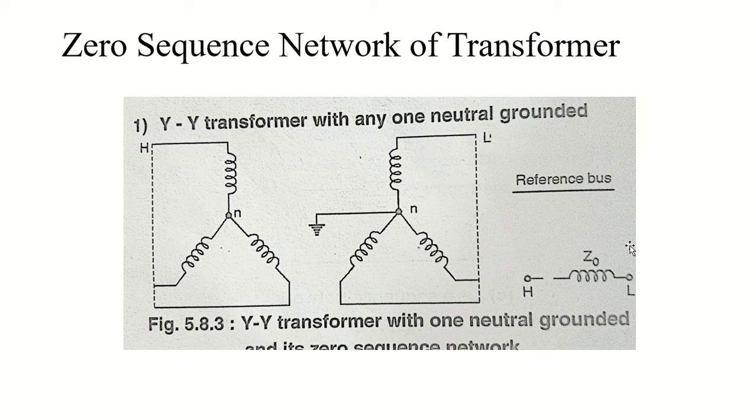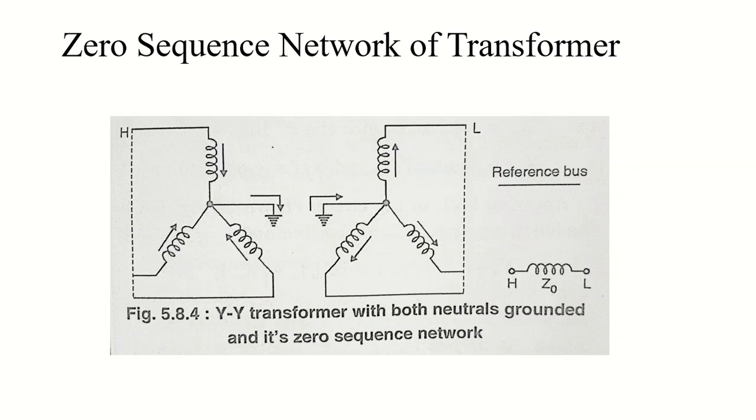The next point is the delta delta transformer, but this time we are grounding both of our neutrals. So what will happen in such a case? When both of the neutrals are grounded, the path for the flow of zero sequence current in both of my windings will exist via the two grounded neutrals, right?